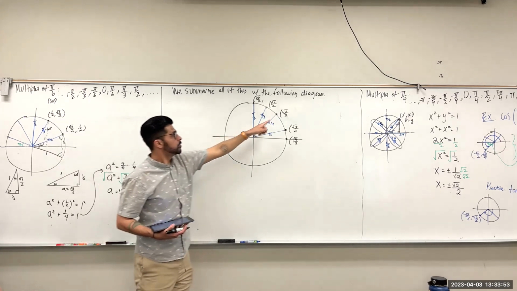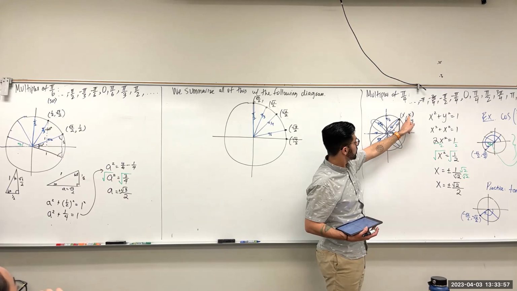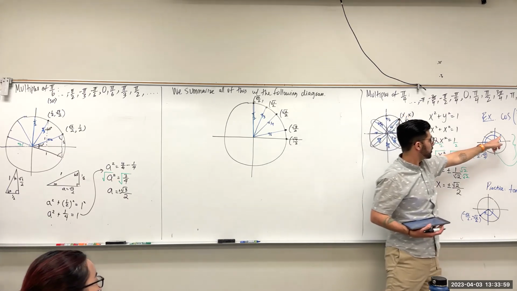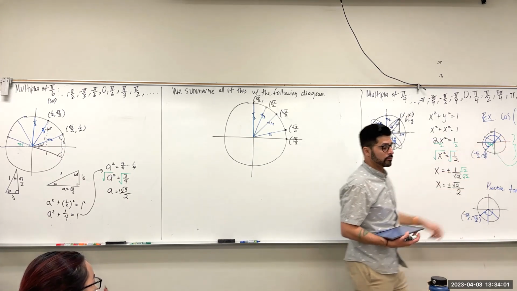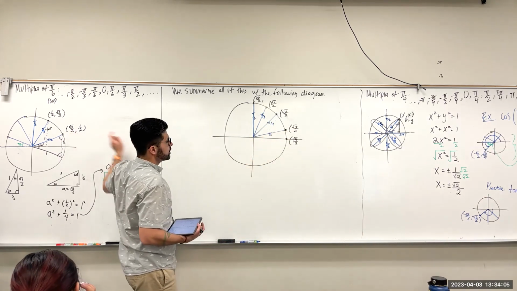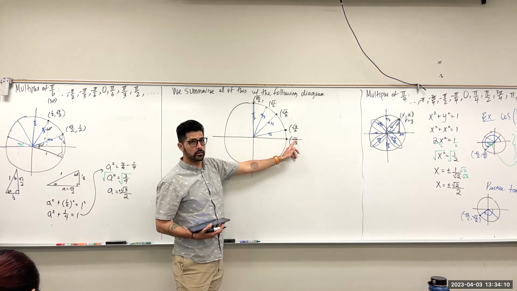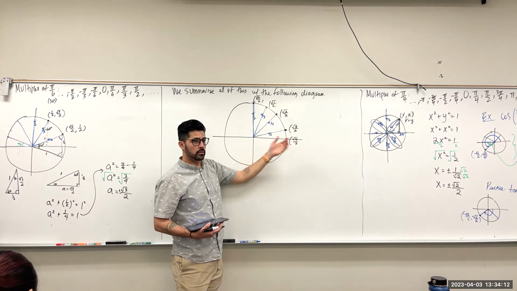Okay. √2/2 stays √2/2, which is the coordinates here for your pi/4. Then you got your root 3/2, which is the one we just found. And then, what's the square root of 4? 2 divided by 2 is 1.